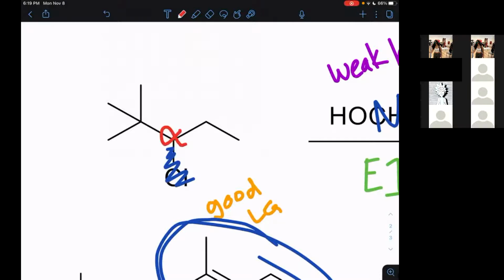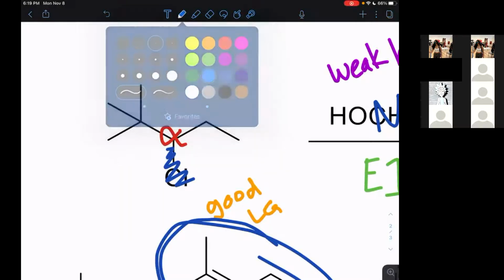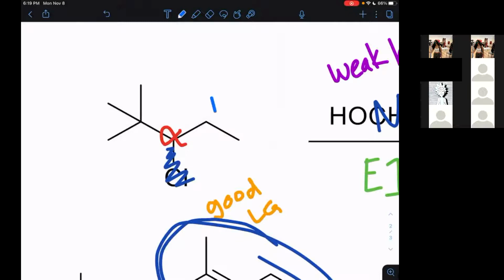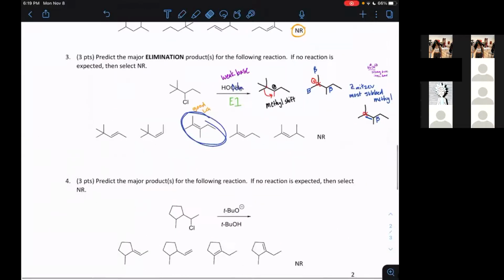It couldn't go with the carbon we put it with originally because that's already a quaternary carbon. So this one wouldn't be possible because there's no hydrogen there to be taken off. So it would have a double bond on this side. Which will be the fourth one? Or no, sorry, it wouldn't be. It would be NR.